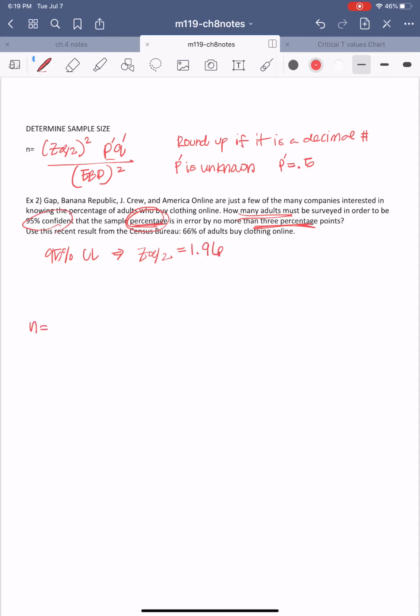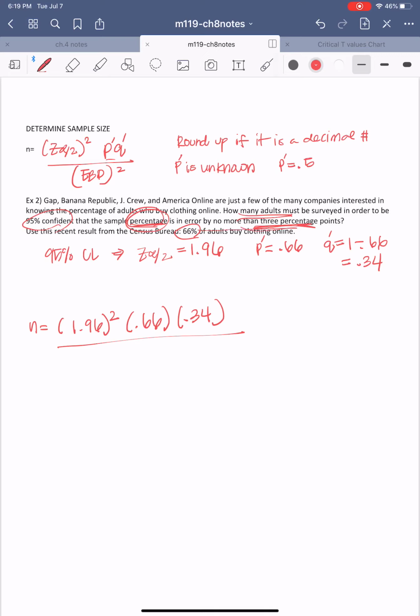So n equals 1.96 squared. p hat, do I know p hat? Yes, 0.66. So what is q hat then? 1 take away 0.66, which is equal to 0.34. So 0.66, 0.34.